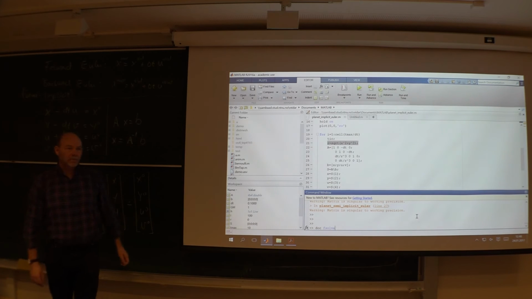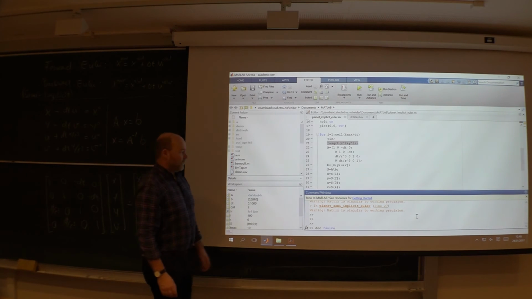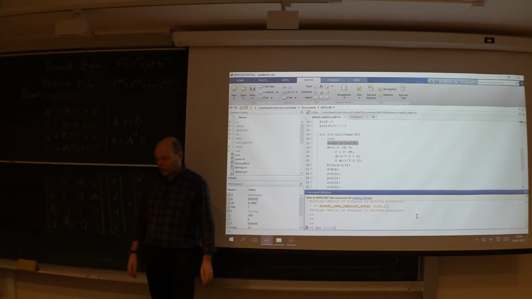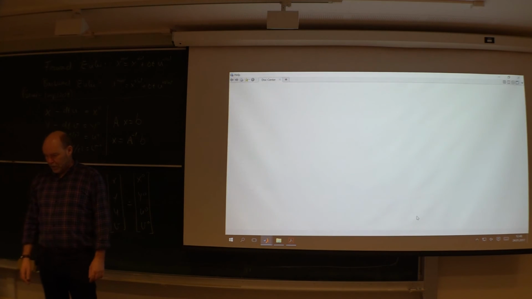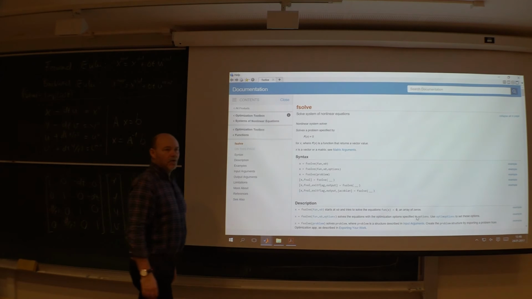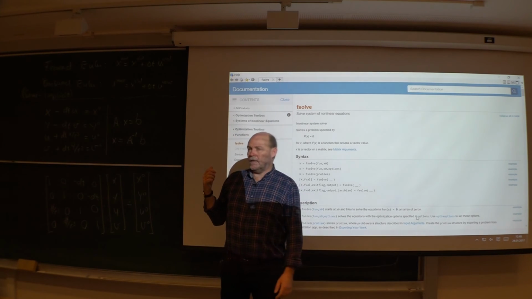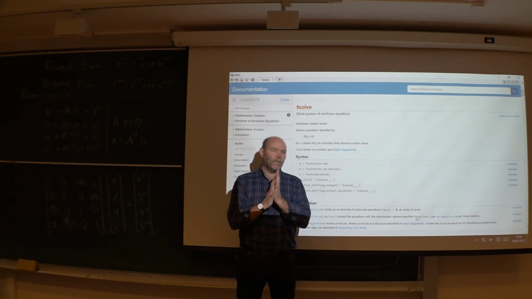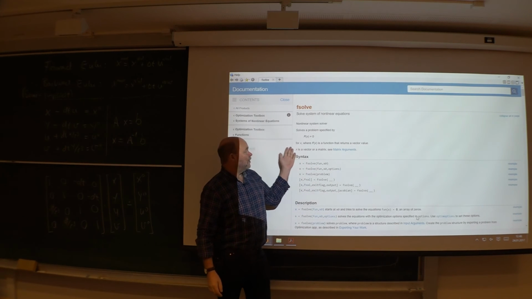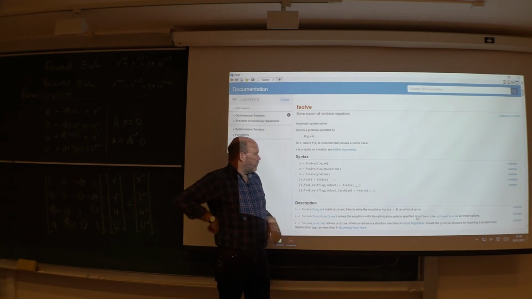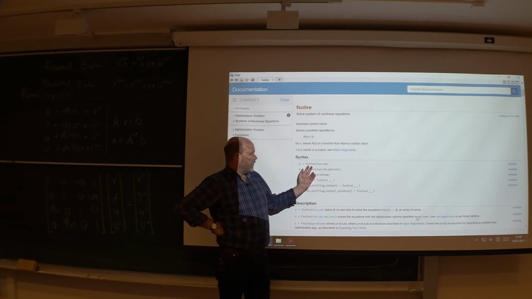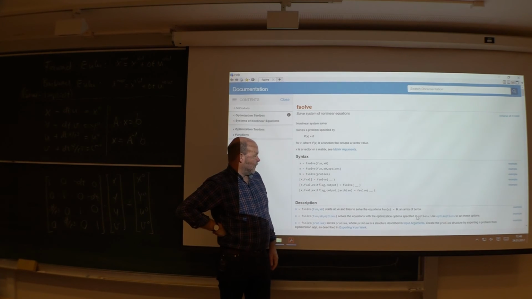If you have installed MATLAB with all your toolboxes, you have a routine called fsolve. I guess you know about fzero. With fzero, you can find a zero for a function with one variable. With fsolve, you can find it for n variables. So this is how we are going to use it.